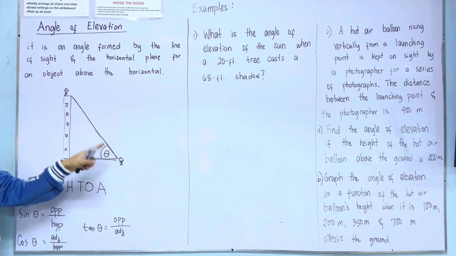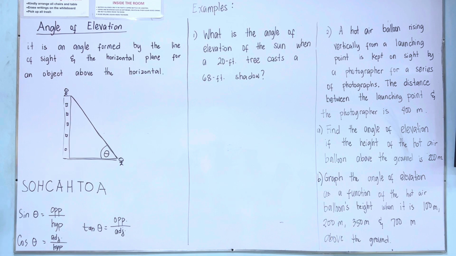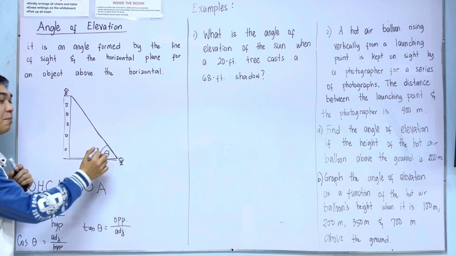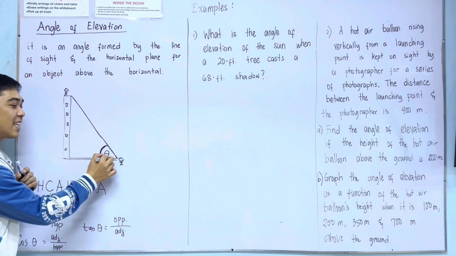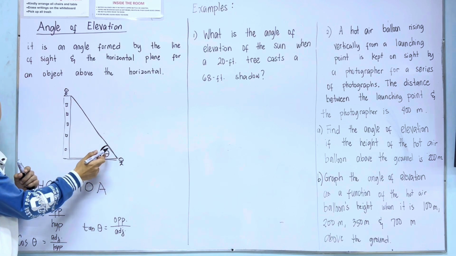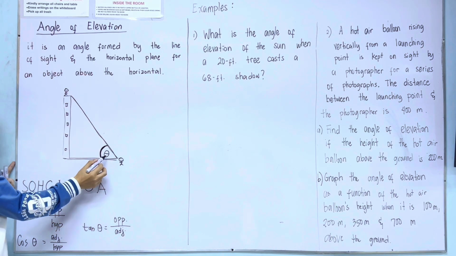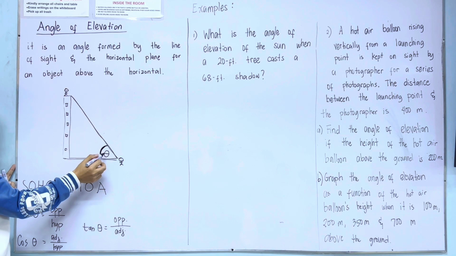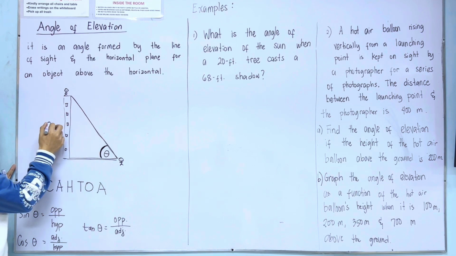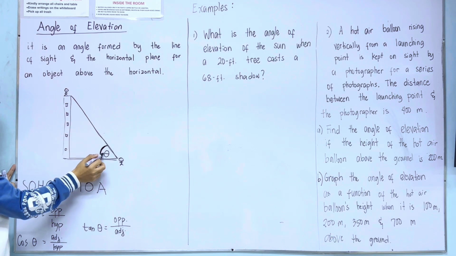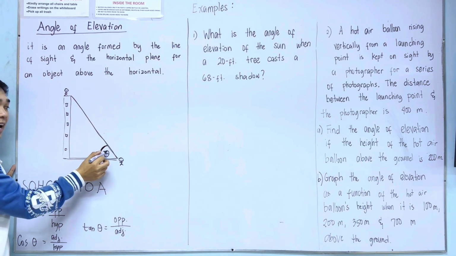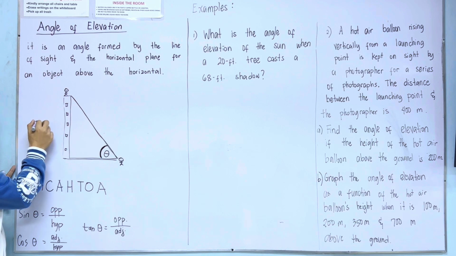Tapos, yung angle na na-form, ito po yung tinatawag natin na angle of elevation. Now, if this is the angle, ano yung katapat niya? Si opposite, si adjacent, or sa hypotenuse? Opposite. Katapat lagi ni given angle si opposite.